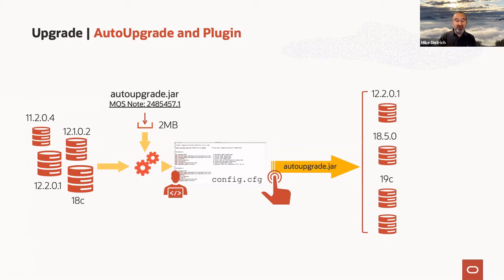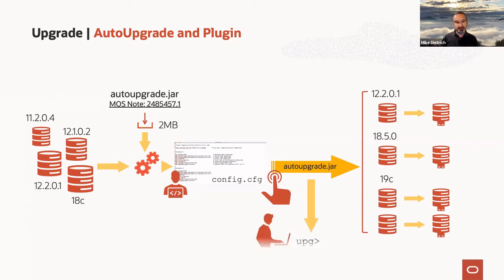If you pre-created a CDB, AutoUpgrade can plug in your databases afterwards right away. So you don't have to do that. And this means you can take your entire database estate and you can tell, oh, database A, you go into this CDB, database B, you go into that CDB.